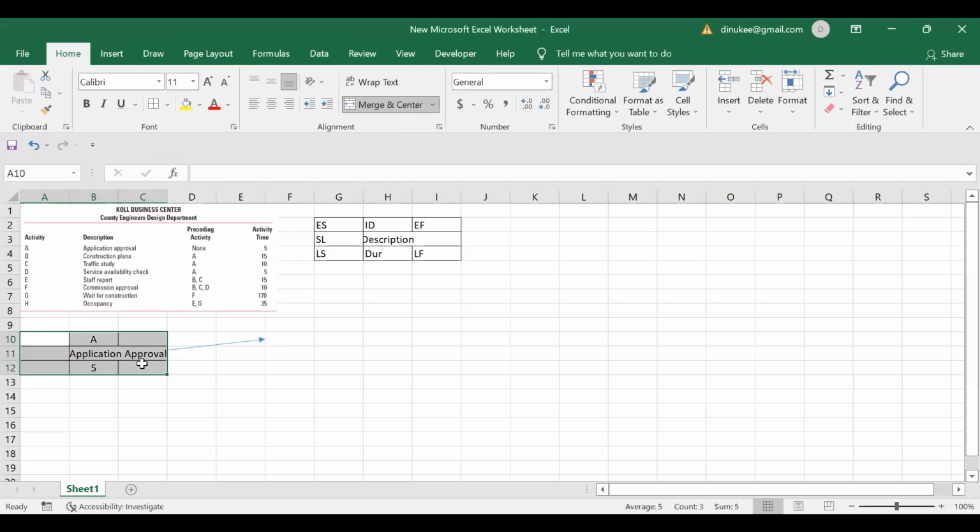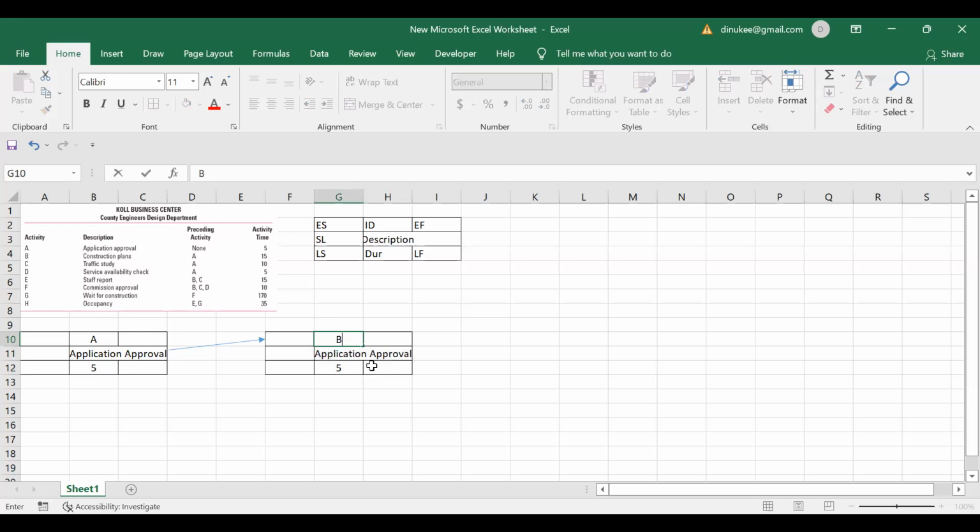So then you can start your activity B. So after finishing this activity A, you can start your activity B. The description is construction plans. Construction plans.